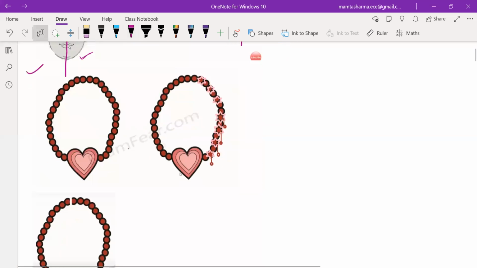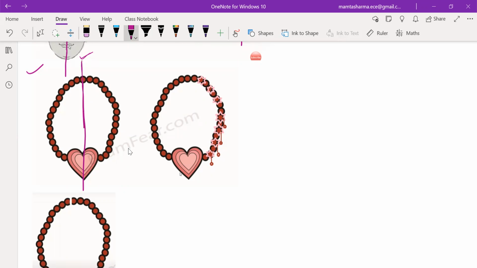Now see, you might have seen this. This is a fancy thing. What do you call it? I think it's a bracelet or something. No, the thing which we wear around the neck. This is a necklace. So there is a symmetry. We can break this necklace into two equal halves. How? If we draw the line in this way, this heart will be divided into two equal parts.